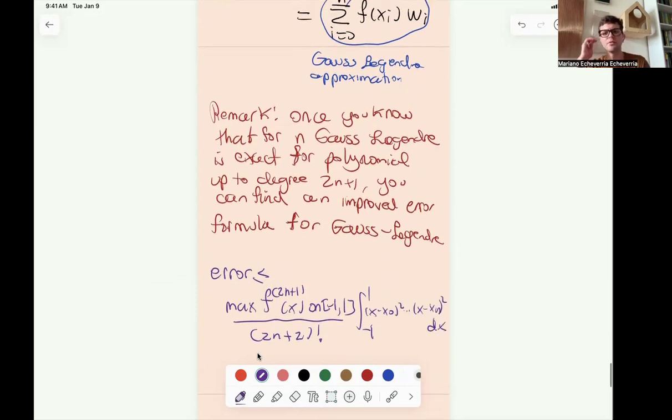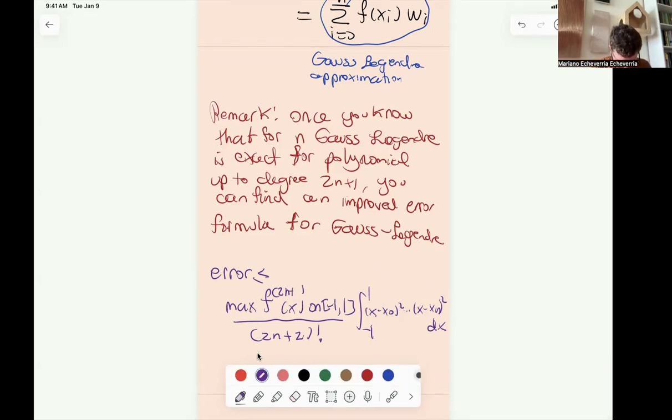Again, I'm not going to use this formula for the error. All I'm trying to say is that with the errors until now, if you were using a degree n polynomial, the error involved the n plus 1 derivative. But once you know Gauss Legendre works up to degree 2n plus 1 polynomials, that allows you one more derivative in the error calculation. Oh, 2n plus 2, I think it should be here.